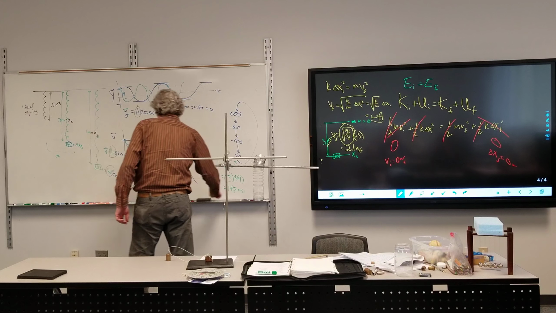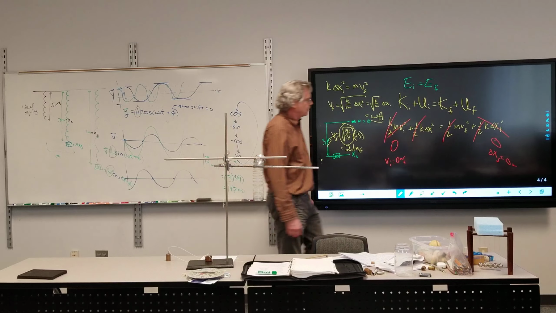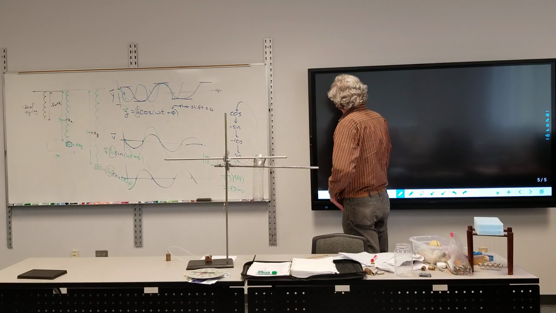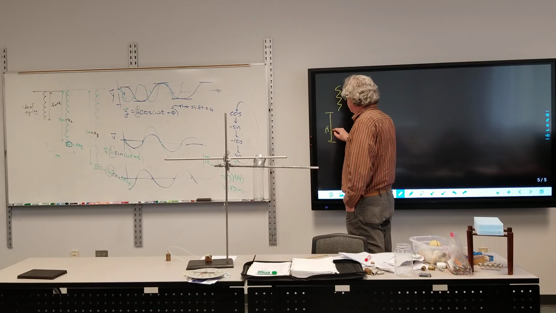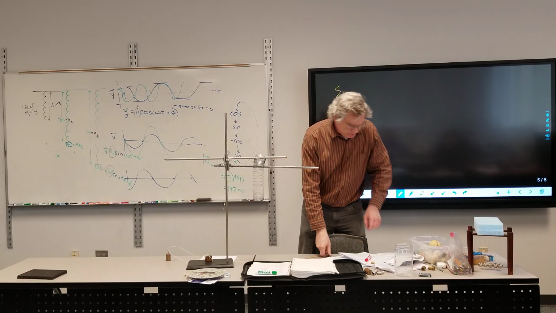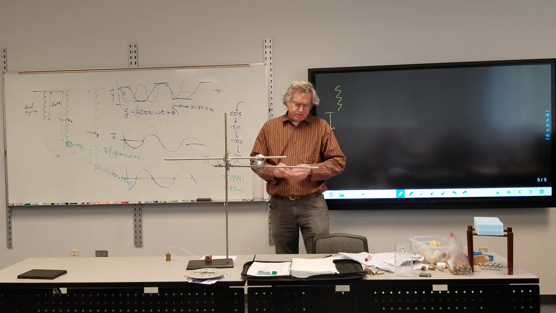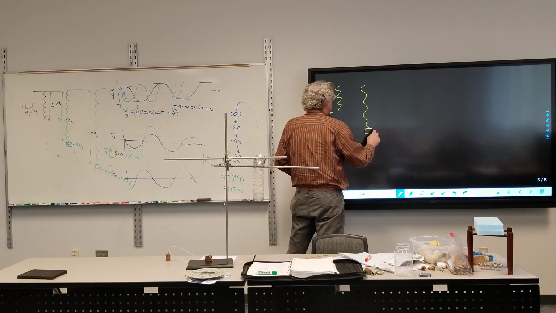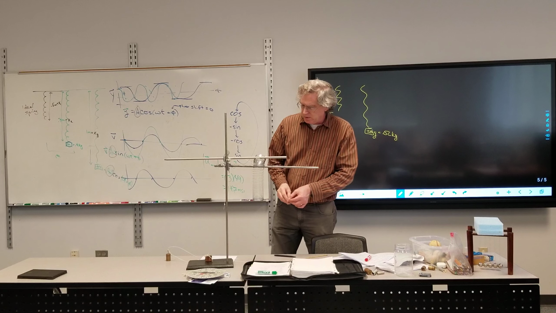So my initial position is 19 centimeters, 0.19 meters. I'm going to put a small mass on it. I'm going to trust the manufacturer, 20 grams. So I'll put a mass on it, 20 grams or 0.02 kilograms. If it touches the table, I'm going to have to go to plan B.